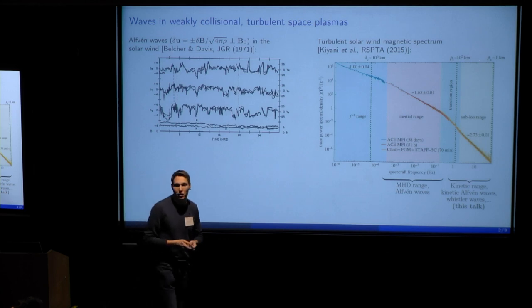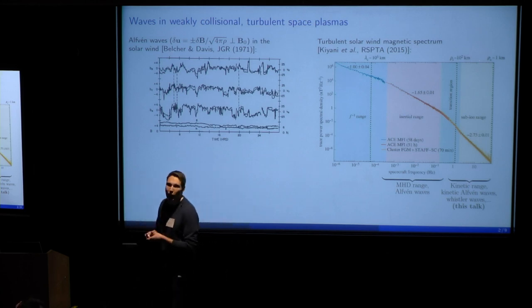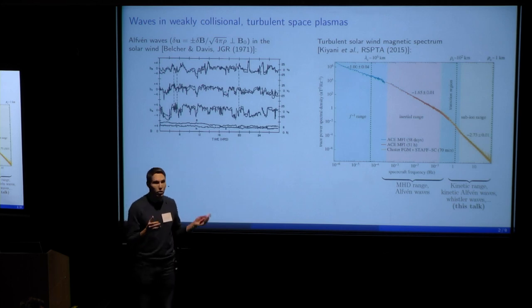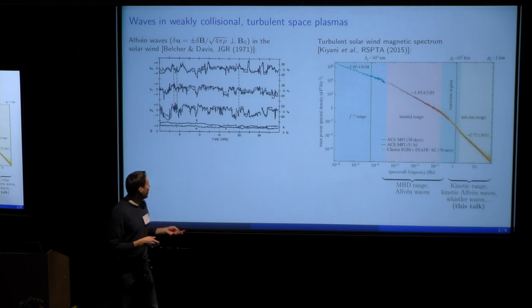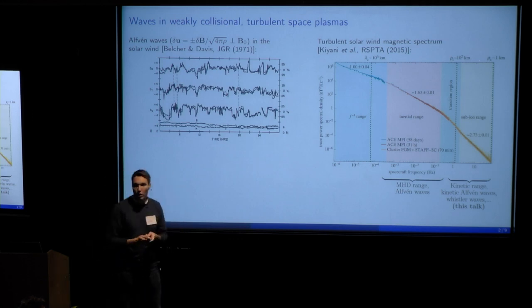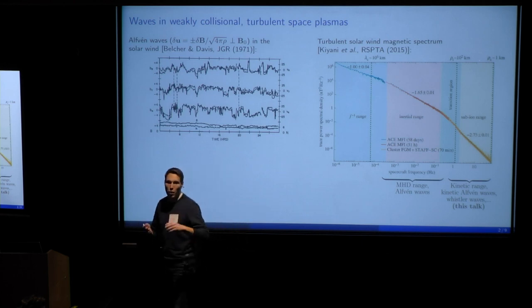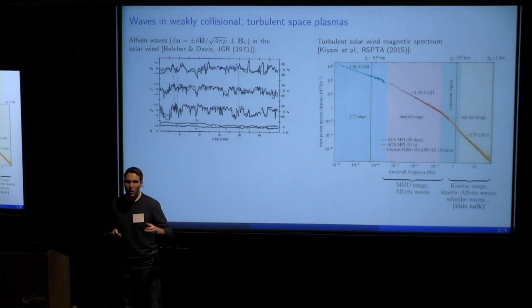In this talk, I'm going to focus on solar wind turbulence. Why? Because for the solar wind, we have by far the best measurements available, and two great examples are shown in these two plots. We can send spacecraft out there and probe the plasma dynamics in situ.